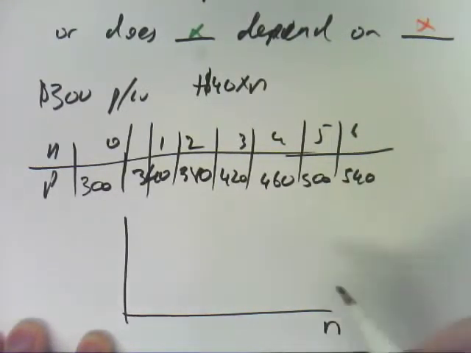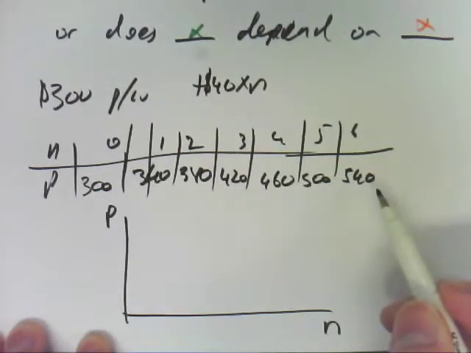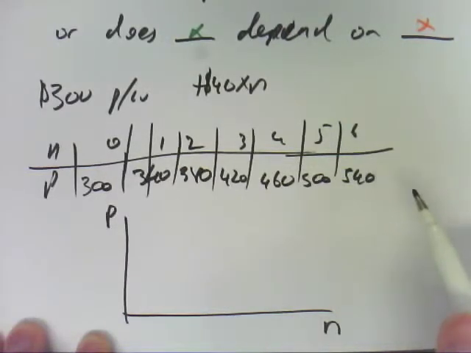So down here is the number of computers, and up here is the paid. The number of computers she sells increases the amount she gets paid, not the other way around. It depends on how many computers she sells, her wage.